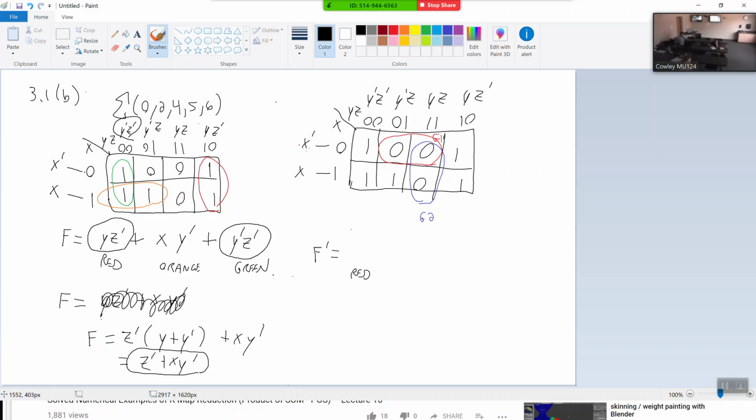So specifically, it's what? X prime. Looking again at the red, which is different, the Y's or Z's? Y. This one's Y prime. This is Y. So the Z's are the same. So this will be X prime Z.